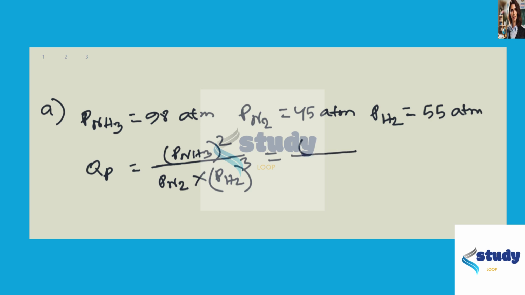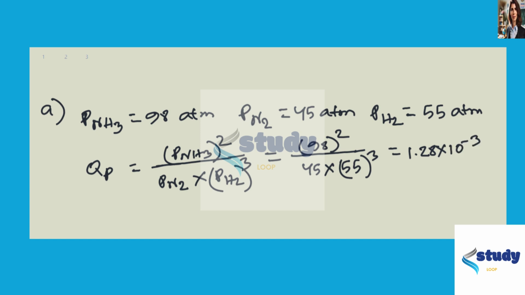Now we'll plug in the values. The partial pressure of ammonia is 98, so we square it, over 45 for nitrogen times 55 for hydrogen cubed, and this gives us a value of 1.28 times 10 to the power minus 3.